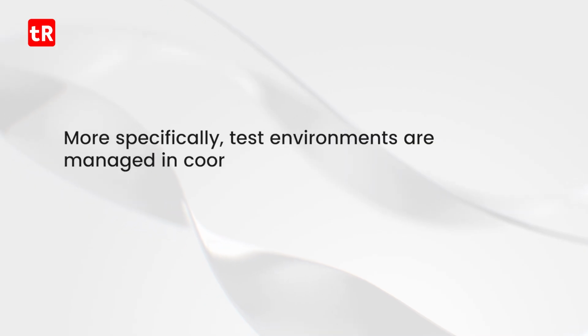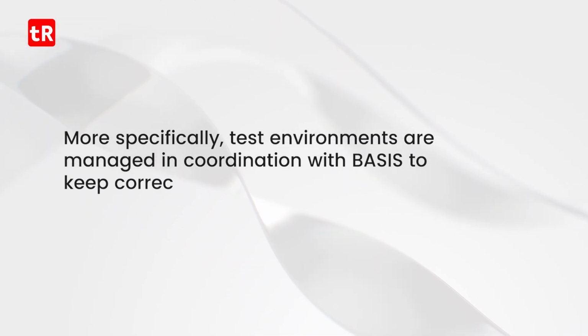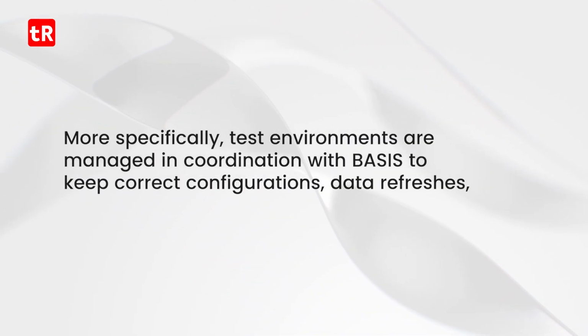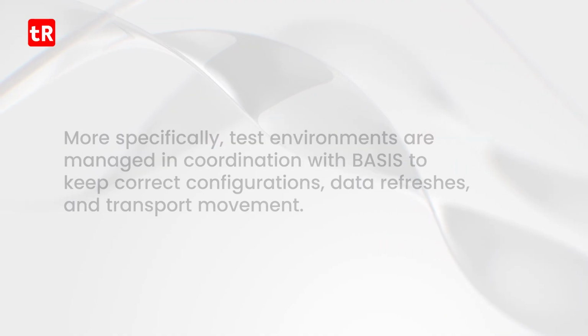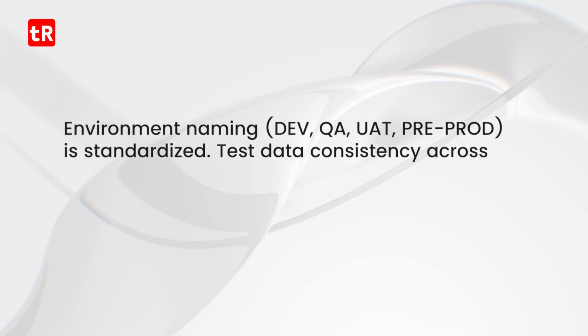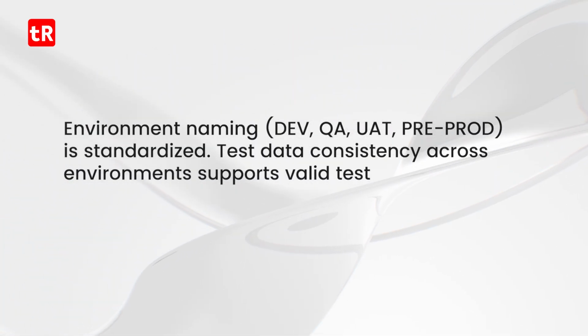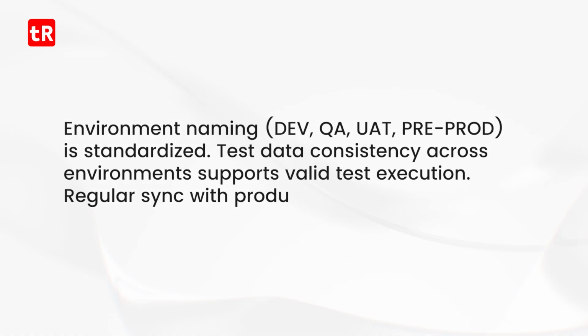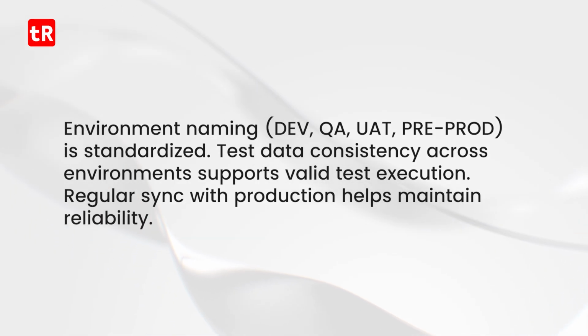More specifically, test environments are managed in coordination with BASIS to keep correct configurations, data refreshes, and transport movement. Environment naming, dev, QA, UAT, pre-prod, is standardized. Test data consistency across environments supports valid test execution. Regular sync with production helps maintain reliability.